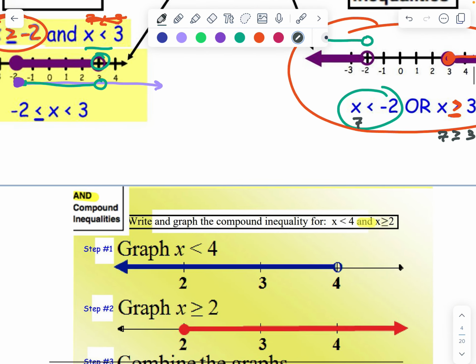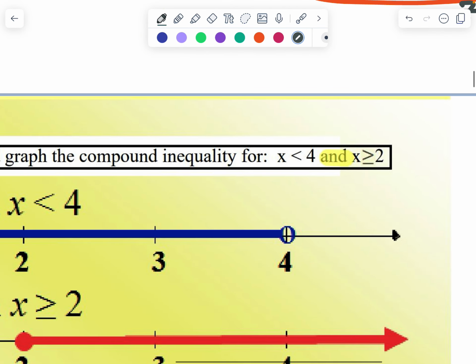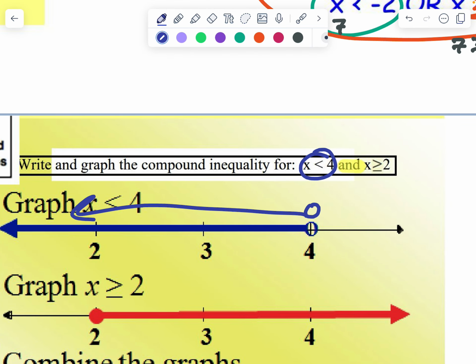We're going to take a look at ands. This page summarizes what I just said. Here's a compound inequality. I've got x is less than 4 on its own would look like this. Open circle at 4, any value less than there, 3, 2, 1, negative 8, negative 44, it doesn't really matter. But you also have to satisfy x is greater than or equal to 2.